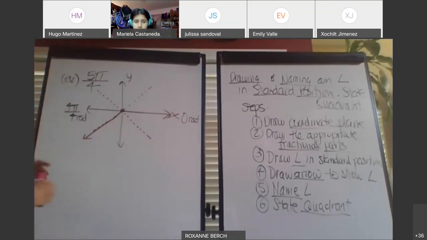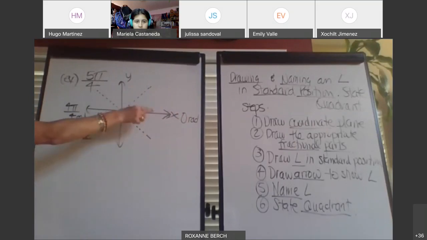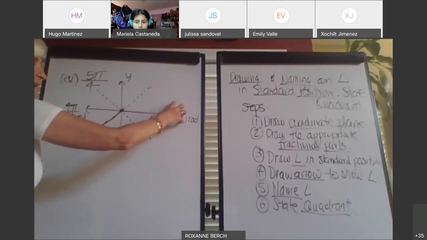Now here's what I mean by that. If this was 17 pi over 4 radians, I'm looking at this as 4 pi over 4 radians, 8 pi over 4 radians, 12 pi over 4 radians, 16 pi over 4 radians.